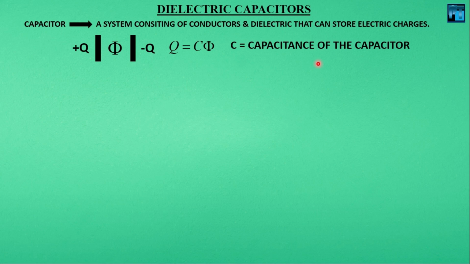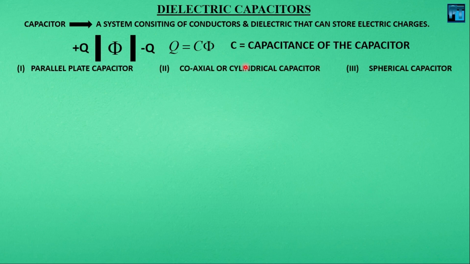Now, here we shall discuss three types of capacitors: parallel plate capacitor, coaxial or cylindrical capacitor, and spherical capacitor. As you know from the thumbnail, this is part 1 of our lecture.